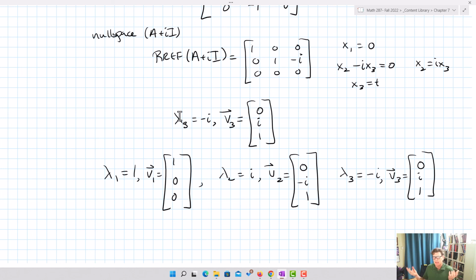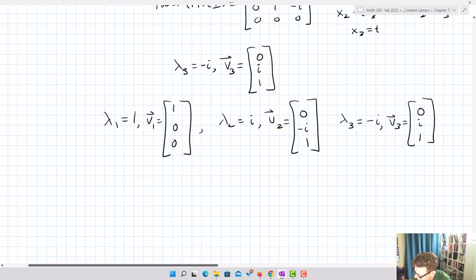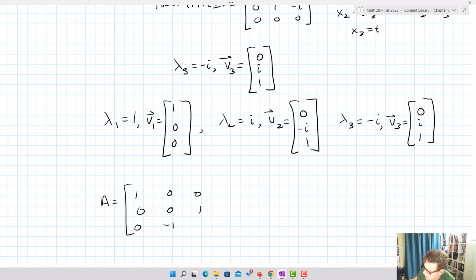It happens to have complex ones. What are you going to do? Now, let's see what happens if I multiply A. Remember, my original matrix A was 1, 0, 0, 0, 0, 1, 0, negative 1, 0. What happens if I multiply it by 0, negative i, 1?